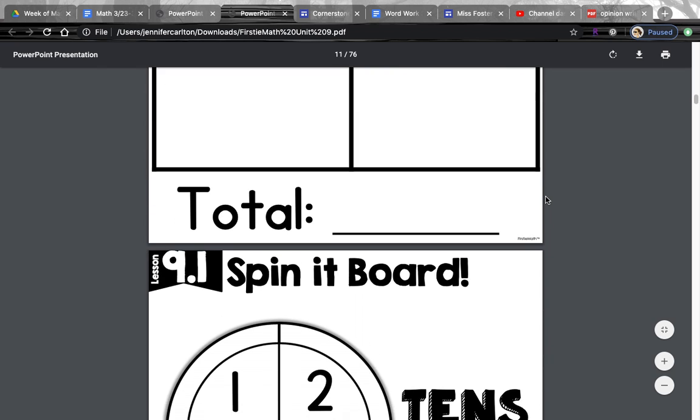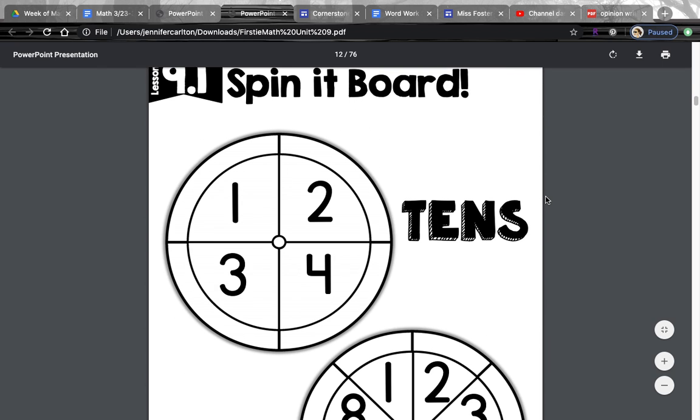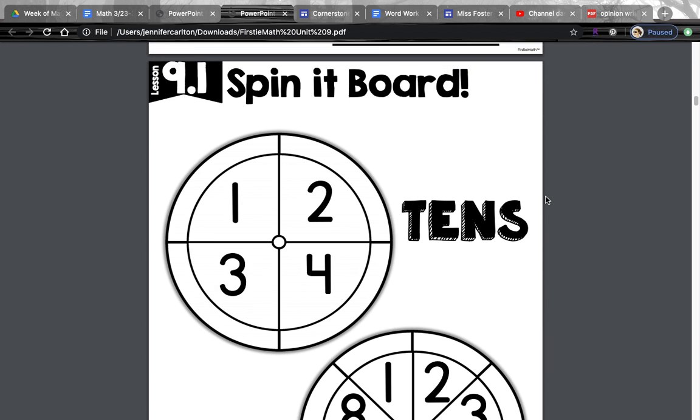And you are going to be able to use the spin it boards later, and you'll just use these on your own. Just like when we do games in the classroom, you can put a paper clip in there and put a pencil and fling it around, okay? All right, so things you will need in addition to the two things I just told you about. I would go grab maybe some Legos if you have some blocks.